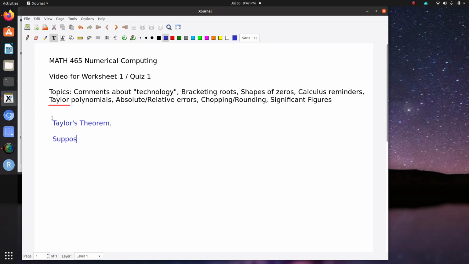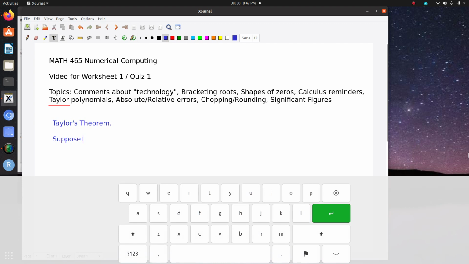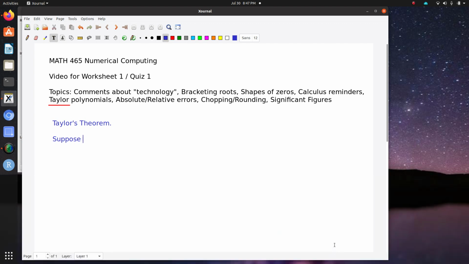Suppose f, now I gotta use my pen. Here we go. Suppose f is an element of this continuous set of functions, but now I'm changing the notation. C to the power n means it is continuous and it has derivatives, n of them.